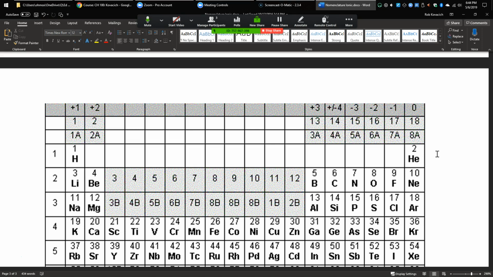So if I mix, say, lithium, element number 3, with oxygen, element number 8, all lithiums have a +1 charge, but the oxygen needs to be a -2. So I can't just put one lithium on because that would only cancel out one of the negatives. So if I put 2 +1 lithiums on, then I cancel out my oxygen that's got a -2 charge on it. And that's going to be the same for every element in column 1 with every element in column 16.